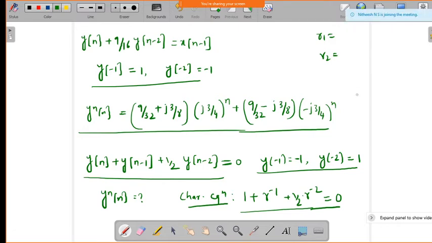Use the formula to find the roots: minus b plus or minus root b square minus 4ac by 2a.